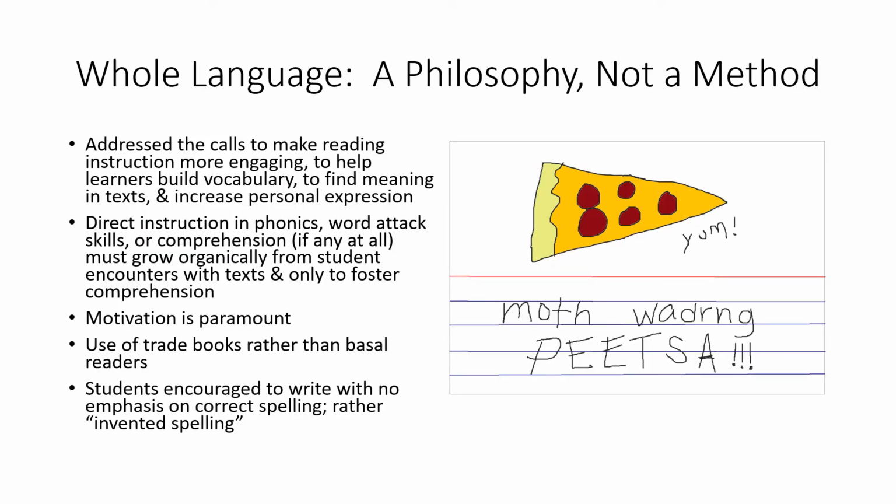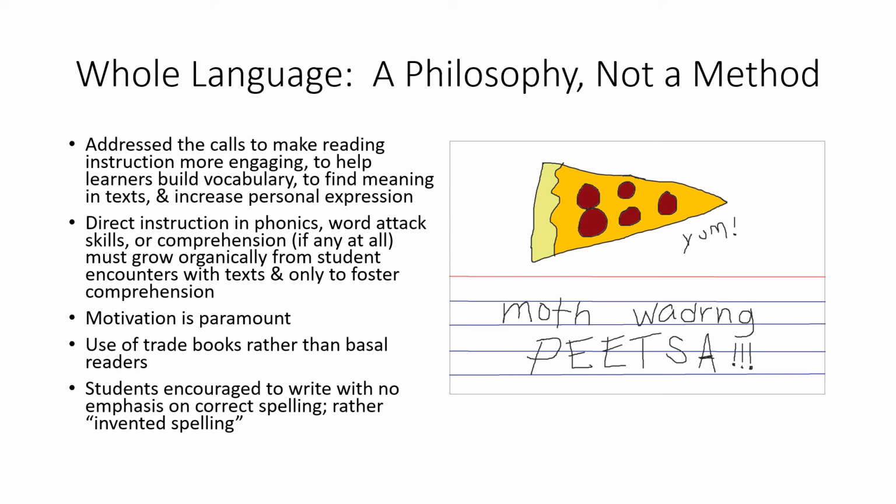In whole language, which proponents will tell you is not a method, it is a philosophy, the cause was to make reading instruction more engaging by providing children with lots of vocabulary building and ways of finding personal meaning in the text, and especially in being able to express their own thoughts in writing.